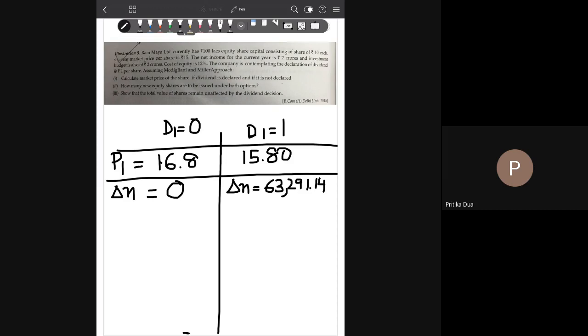So your additional fund requirement is 10 lakh. You divide it by P1, which is 15.8, and you get 63,291.14.